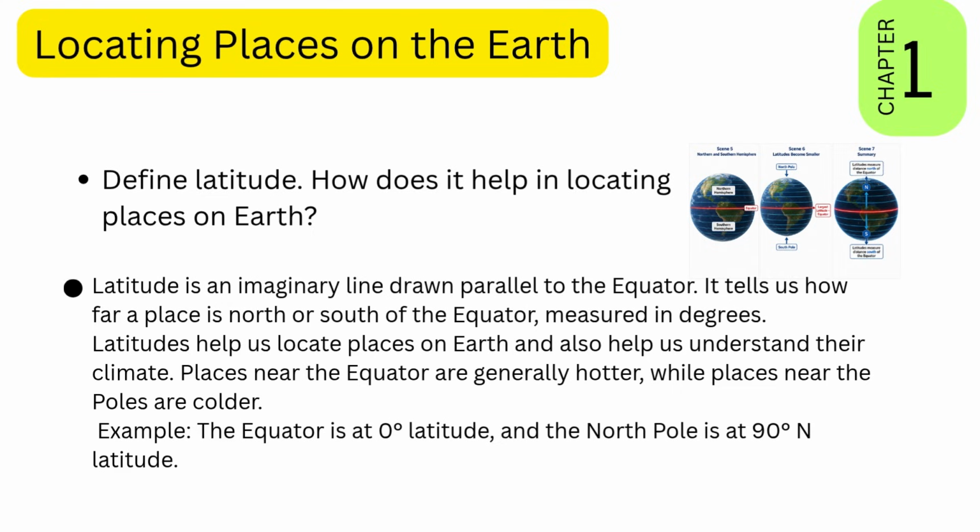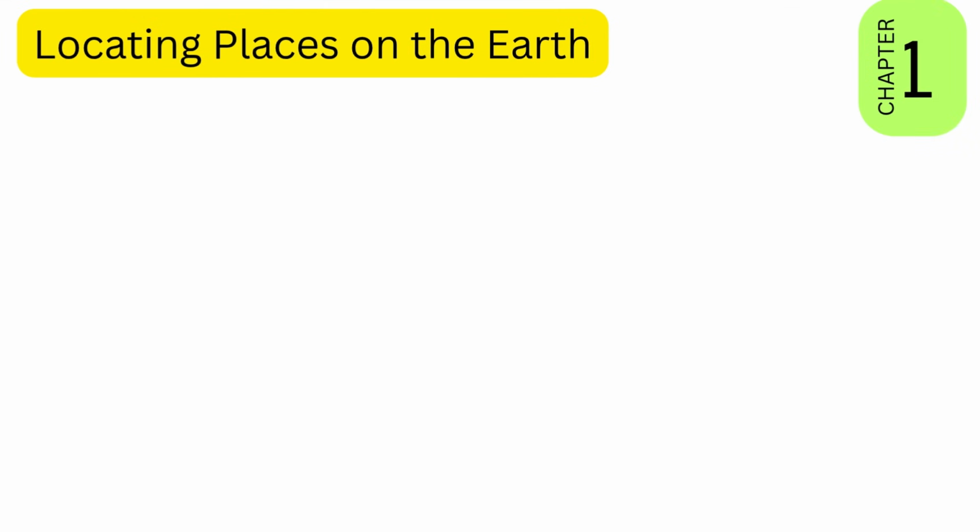Latitude helps us locate places on earth and also helps us understand their climate. Places near the equator are generally hotter, while places near the poles are colder. For example, the equator is at 0° latitude and the North Pole is at 90° north latitude.